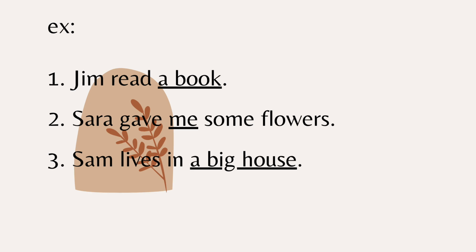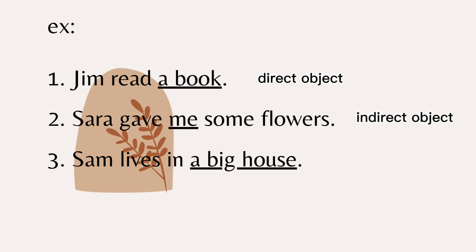So, we have three examples about direct object, indirect object, and object of preposition. First is Jim read a book. This is a direct object. Number 2, Sarah gave me some flowers. And this is an indirect object.